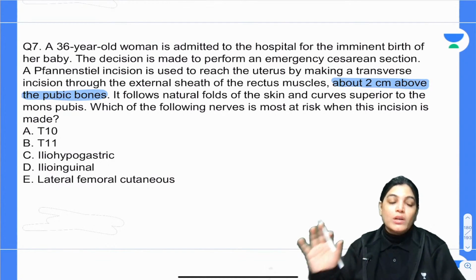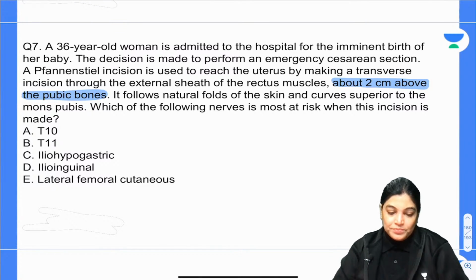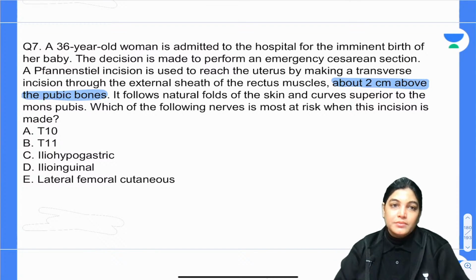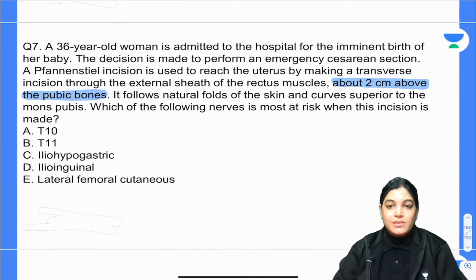So you just tell me what would be the nerve at risk of injury. The Pfannenstiel incision, which is given for the C-section, is just lying 2 centimeters above the pubis. So which is the nerve which can get injured in this case? A, B, C, D or E? According to you, which is the best correct answer?